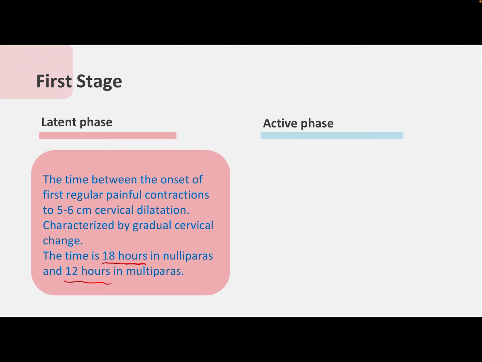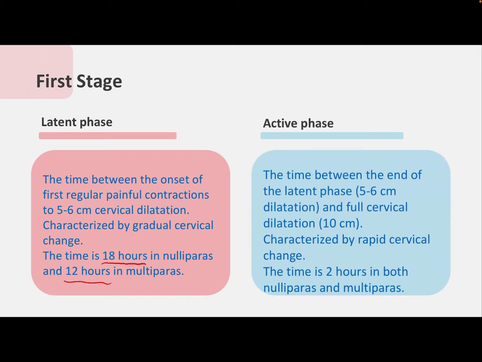Okay, the active phase. We can define it as the time from the end of the latent phase, when the cervix has opened by 5 or 6 centimeters, until full cervical dilation at 10 centimeters.